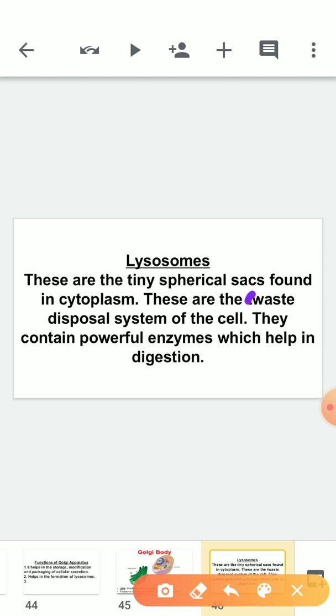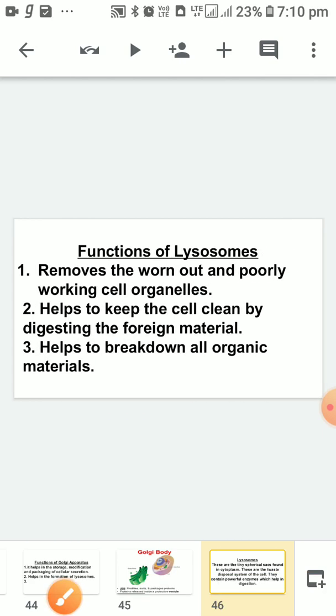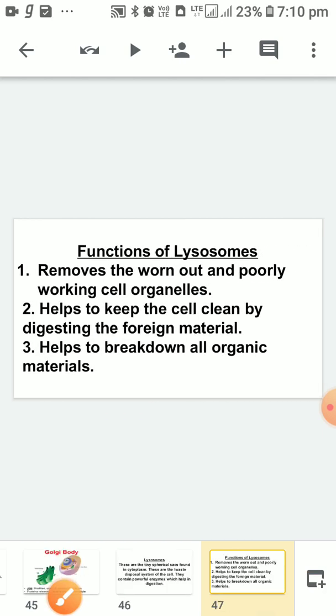They contain powerful enzymes which help in digestion. The function of lysosomes. It removes the worn out and poorly working cell organelles. It helps to keep the cell clean by digesting the foreign material. Foreign material means any kind of bacteria, virus, okay. It helps to break down all organic materials.